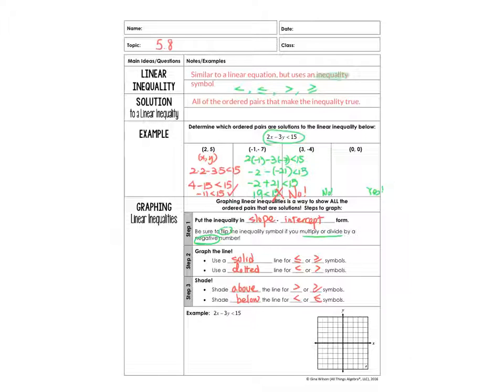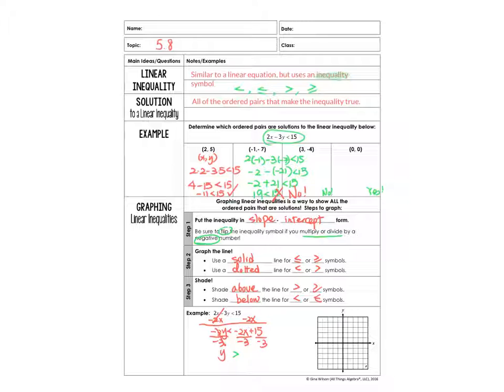So here we go. If we have to solve this for slope-intercept form, we have to subtract 2x on both sides. I have negative 3y less than negative 2x plus 15. Now I divide by negative 3 under every term. And be careful when I divide, because it's a negative, I have to flip the sign.